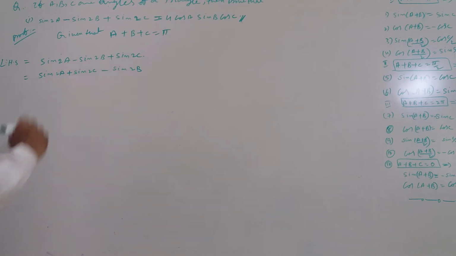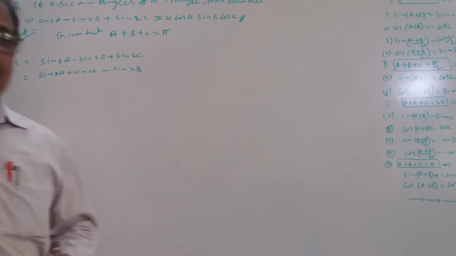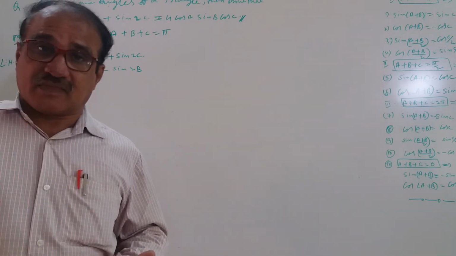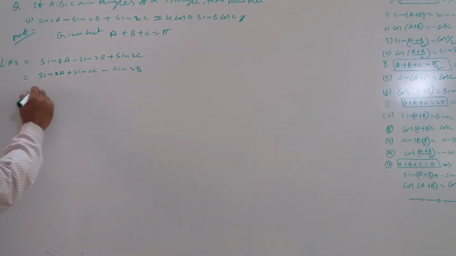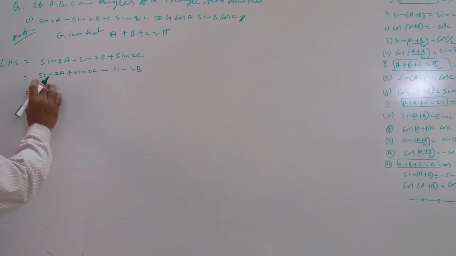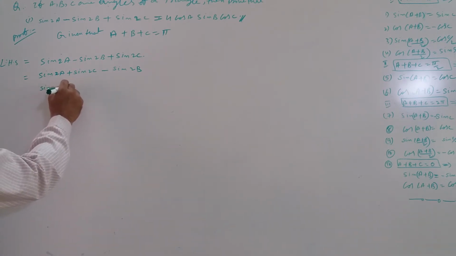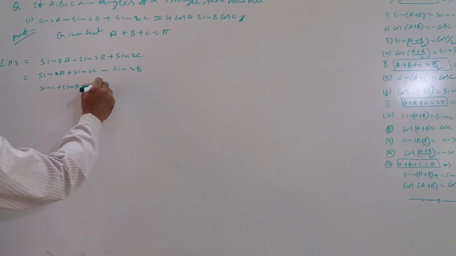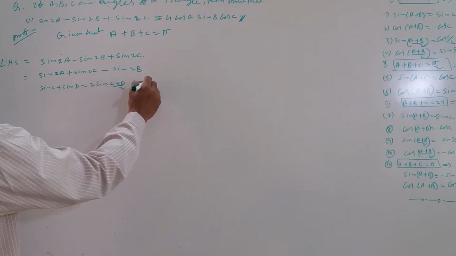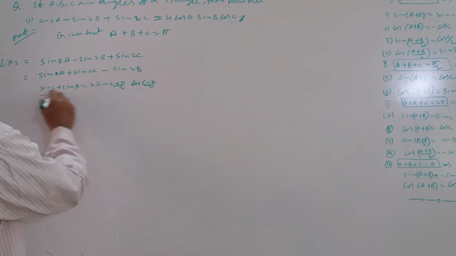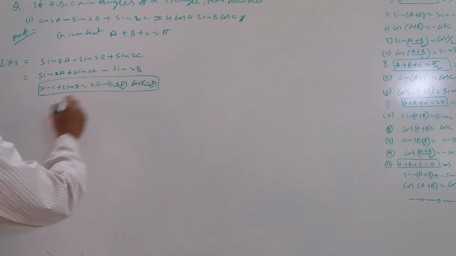It is in the form of sin C plus sin D. Sin C plus sin D is equal to 2 sin((C plus D) by 2) into cos((C minus D) by 2). By using this identity, we can solve this.